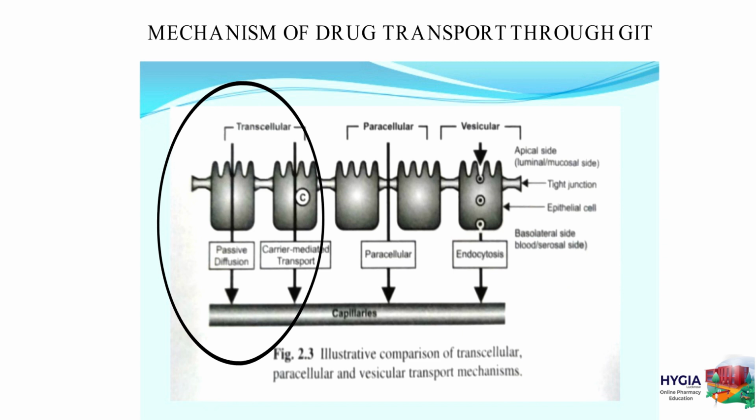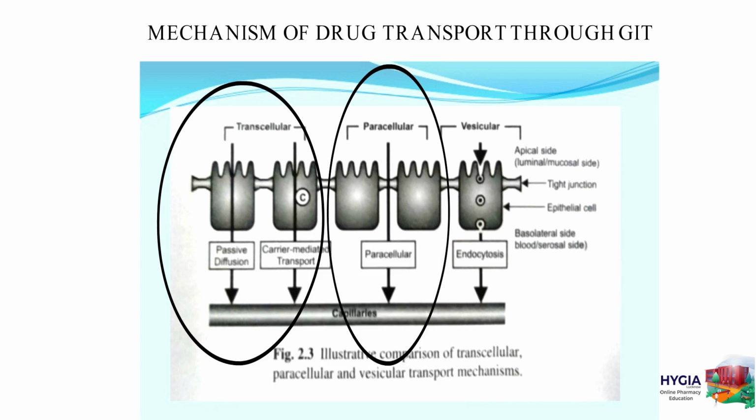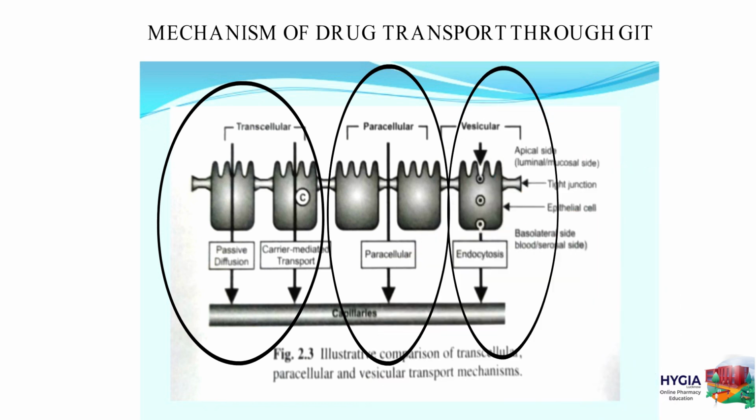When the transportation of the drug takes place across or within the membrane, it is transcellular. The second one is paracellular, in which the drug is transported between the linkage, or tight junction, between two membranes. And the third one is vesicular, in which the drug is transported through vesicles via a process known as endocytosis.